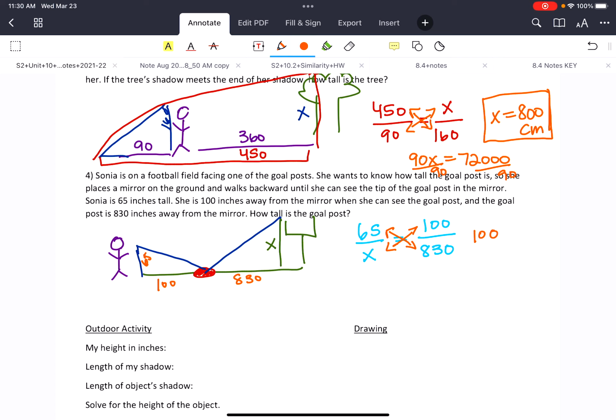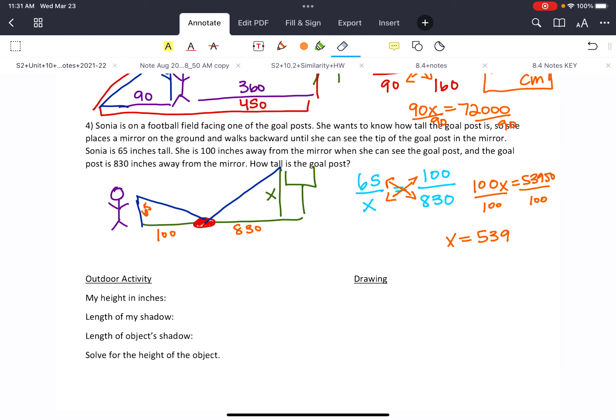And we do 100x equals 65 times 830 in our calculator, 53,950. And then to solve for x, we divide by 100, and we get x is equal to 539.5 inches.